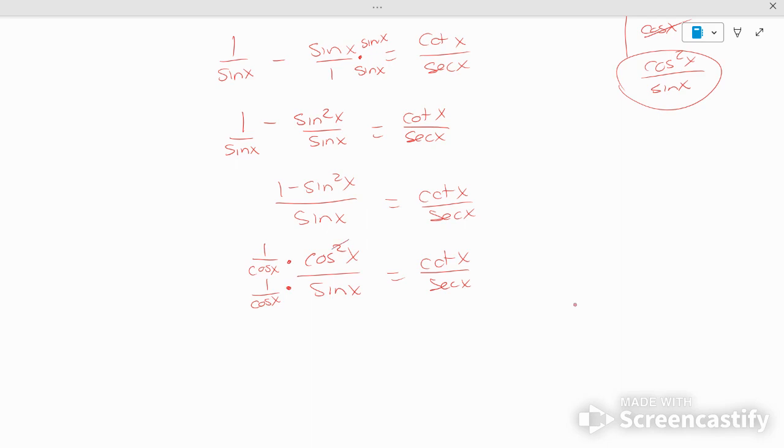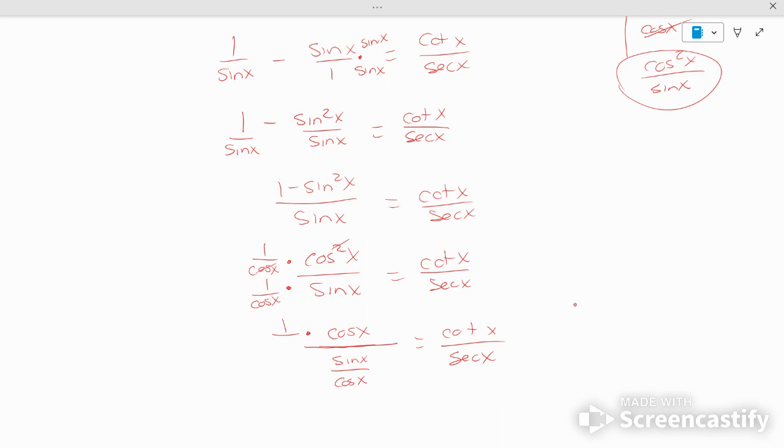So then a cosine and a cosine cancel to be cosine of x on top. And then on the bottom, I get sine of x over cosine of x. Did that really help me much? It will. It will. Next step, it'll help me. Then, to get cotangent on top, I have to multiply by 1 over what?